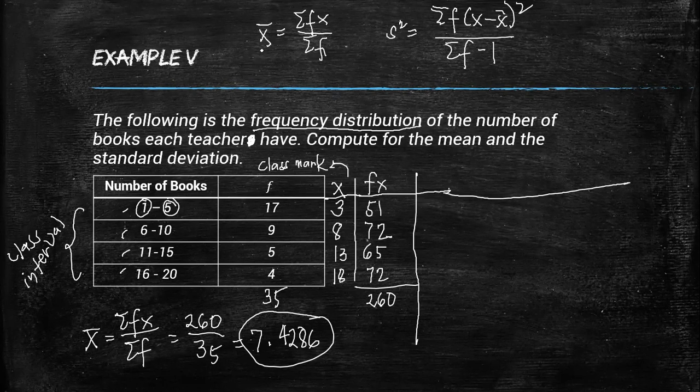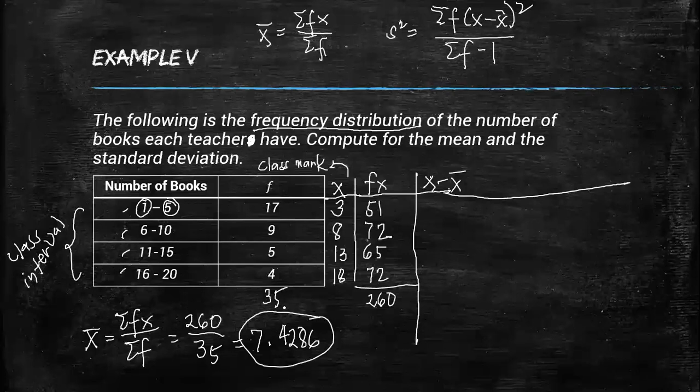So, tignan nyo yung formula. We have summation of f times x minus x bar squared. So, hanapin natin yung sa loob ng parenthesis katulad ng ginagawa natin last time. Summation of, x minus x bar muna. So, x, itong class mark natin, minus our mean. Okay?